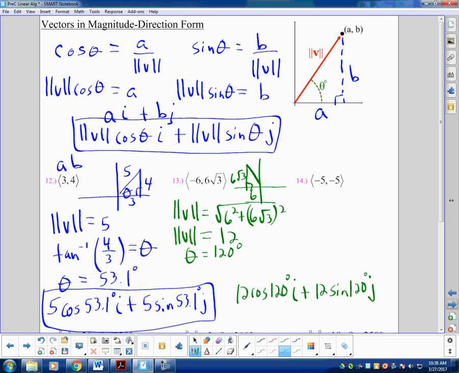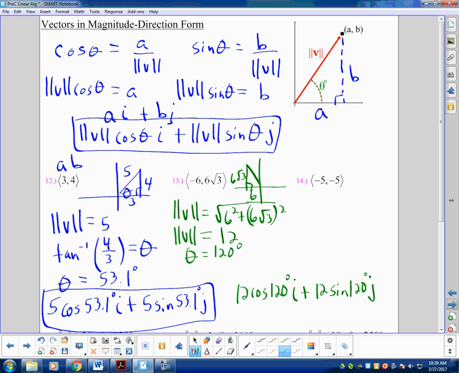Here's what I mean by the sign being taken care of. Cosine of 120 degrees would be negative 1/2, and negative 1/2 times 12 would get me back to negative 6. Sine of 120 degrees would be root 3 over 2, and root 3 over 2 times 12 would get me back to 6 root 3.